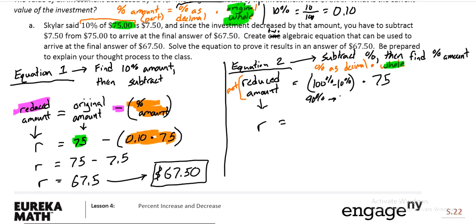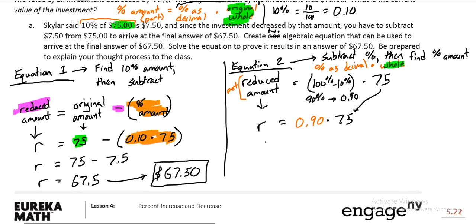Now that as a fraction is 90 over 100. I'll save you some writing though. And we know that that's 0.9, I'll say 0.90. So we're going to put our percent as a decimal as 0.90. And we're multiplying that by the whole, which is still $75.